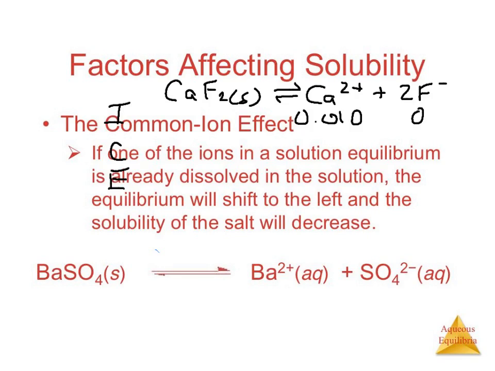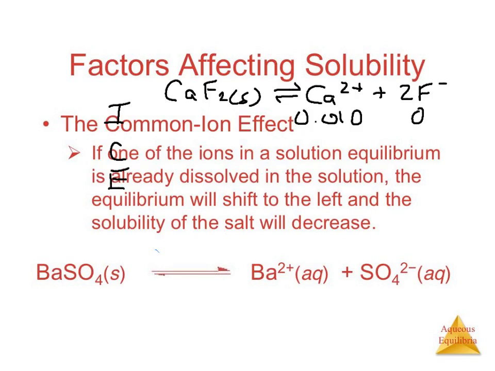Okay. So then we don't know anything else other than the Ksp, which they don't give you at the beginning of the problem, but they give it to you in the solution, and you could also look it up in the appendix. I think it says it's in Appendix D. So you've got the Ksp for this reaction, and you've got your initial concentration of Ca2+ and F-, and that's all we have.